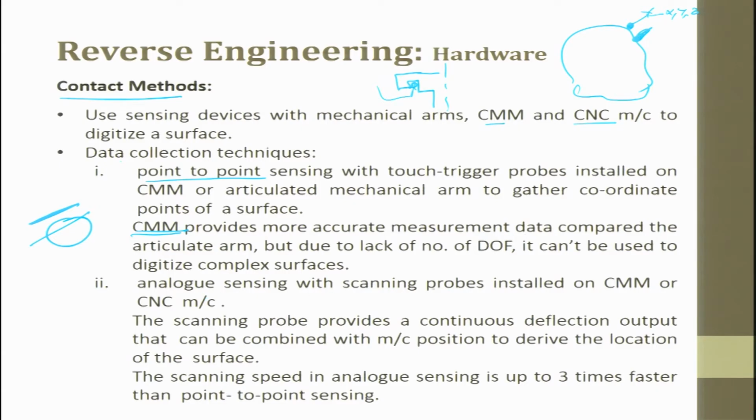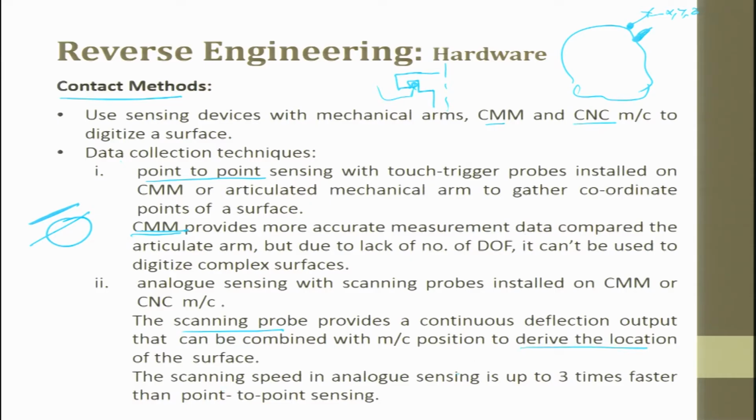Analogous sensing with a scanning probe installed on CMM or CNC machines is also available today. The scanning probe provides a continuous deflection output that can be combined with the machine position to derive the location of the surface. I discussed the atomic force microscope: the probe moves up and down, the laser hits, and this is combined with the machine position to derive the location of the surface.